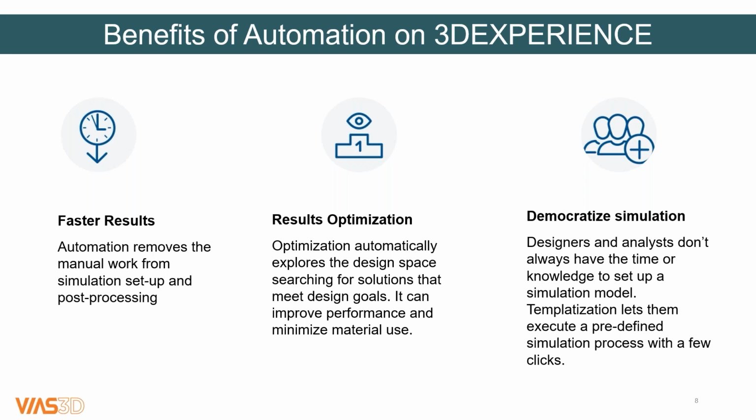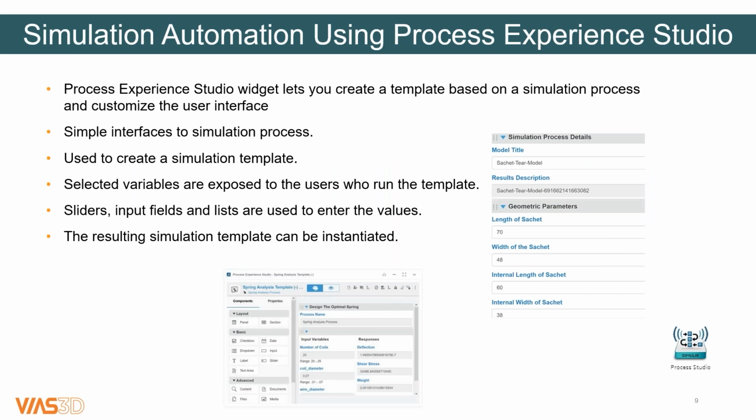That template will let them execute those predefined simulation processes with a few simple clicks. So these are some of the benefits of automation on the 3DEXPERIENCE platform. And let's go and dive deeper into some of them.